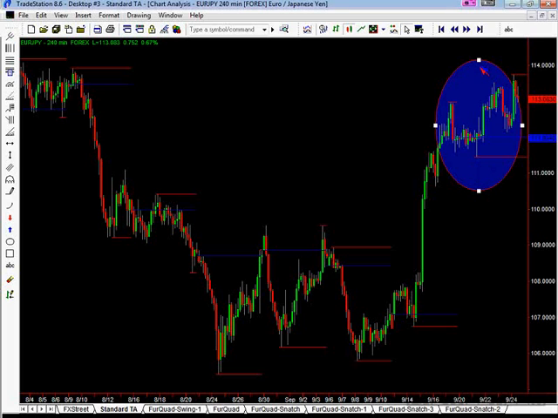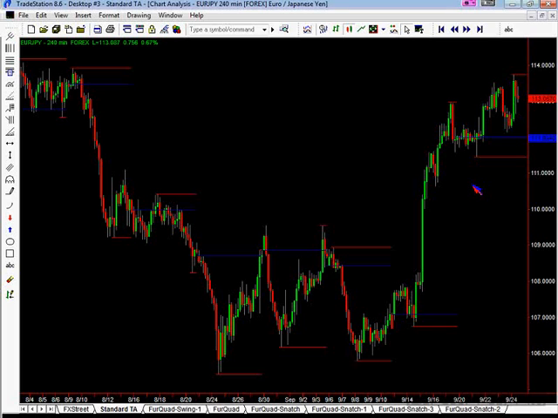Without trying to label it, without trying to say this is a head and shoulders, this is a triangle, this is a rising wedge, this is a flag, this is a pennant. Who cares what it's called? If you want to know what it's called, you can impress someone down at the pub. I don't really care what it's called. It's not going to make you a better trader.